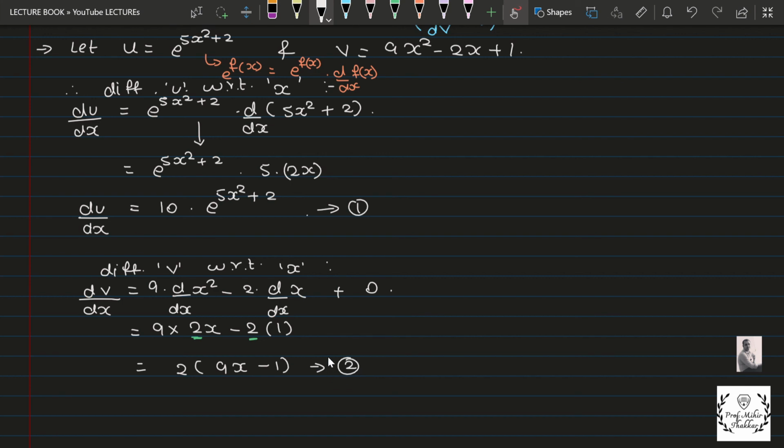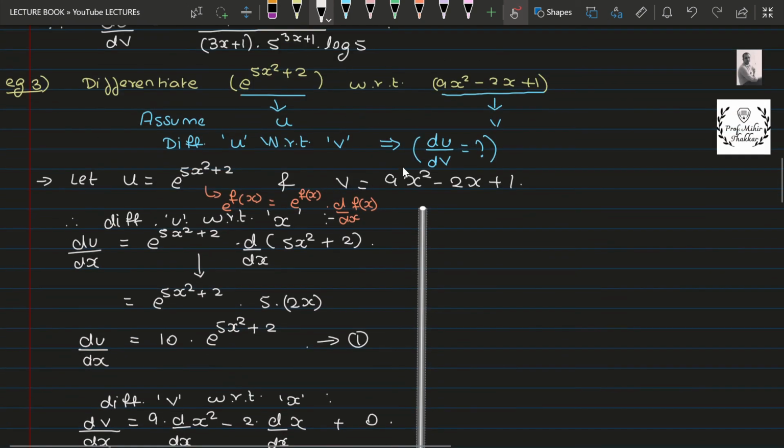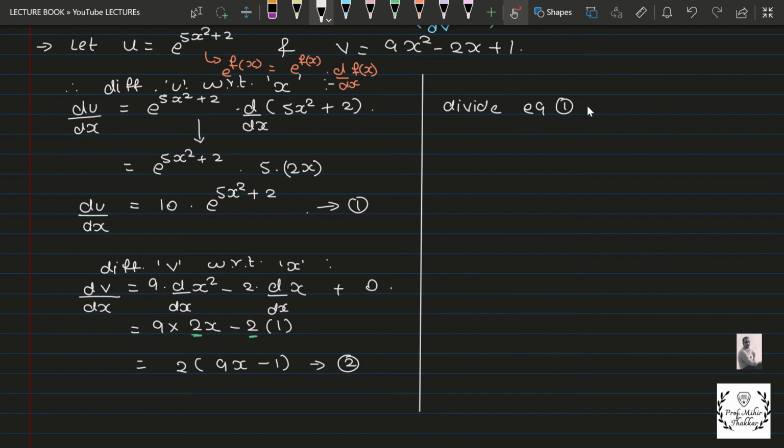Equation 2. Now guys, when we want to find the value of du by dv, as I told you some time back, you have to observe which element is required in the numerator, and then depending on that we will decide. So because I want the numerator as du and the denominator as dv, therefore I will say over here divide equation 1 by equation 2.